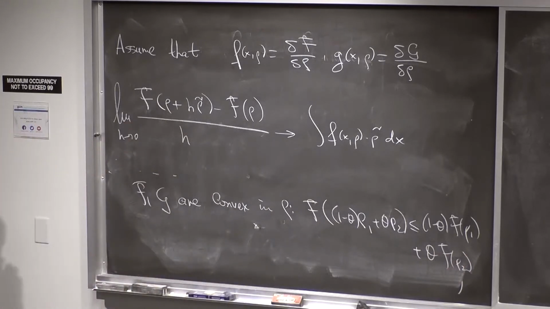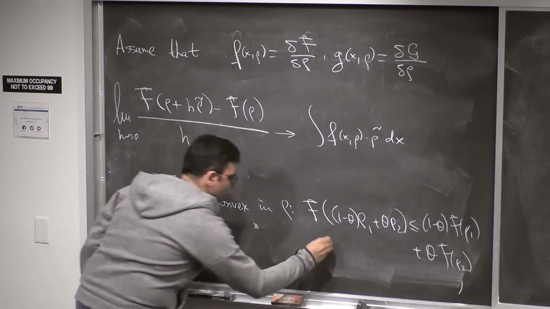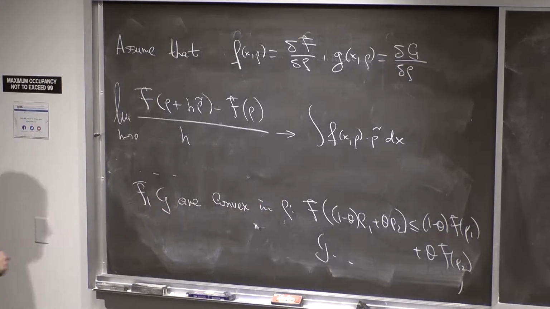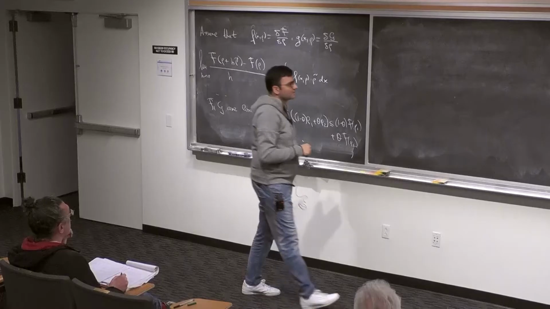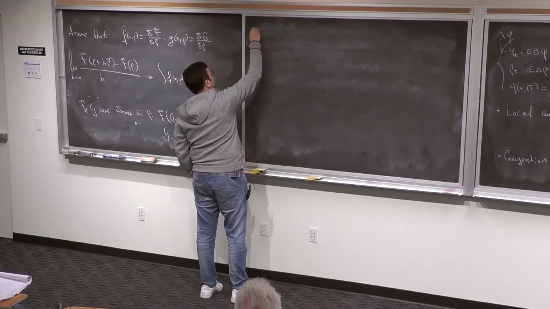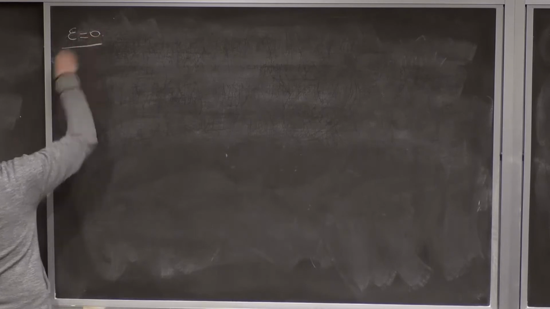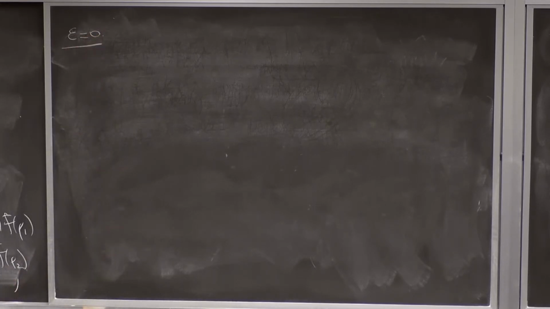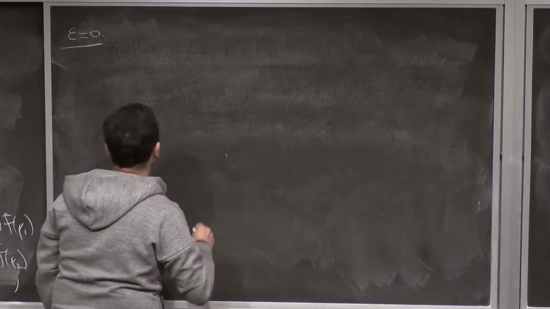And the same for G, just the usual convexity. Then the statement is as follows. Let me write it for the case epsilon equals 0 because it's a simpler calculation, but exactly the same calculation works also for positive epsilon.